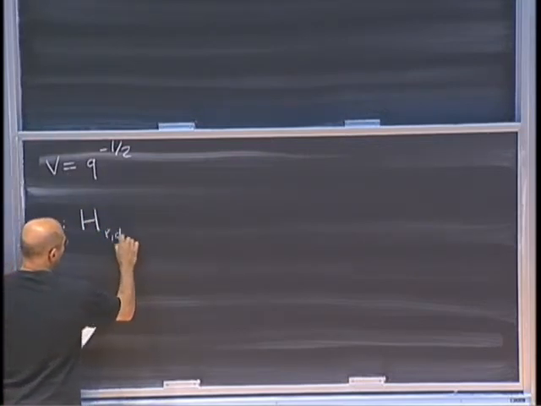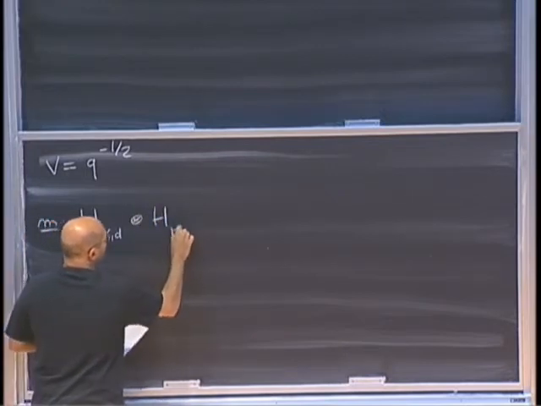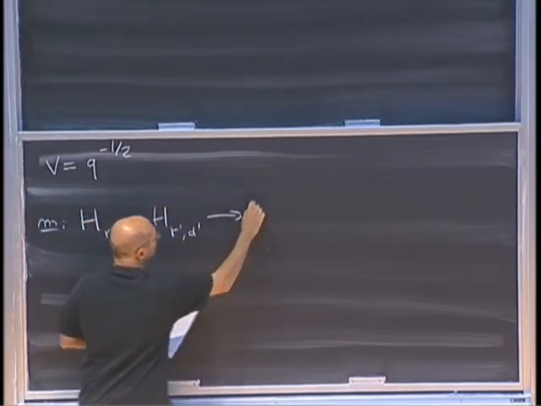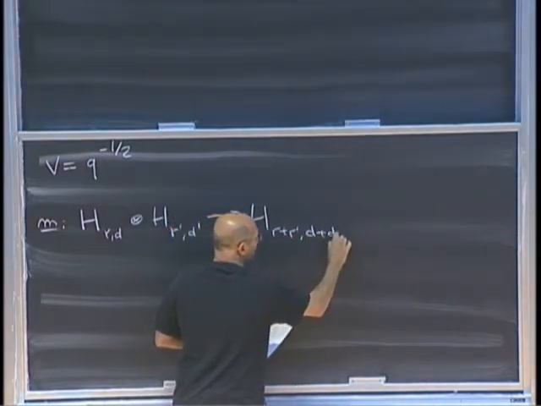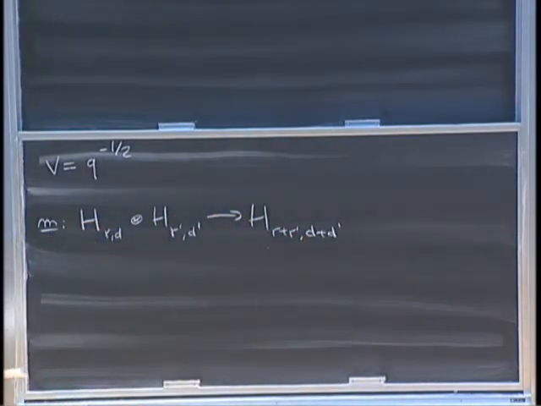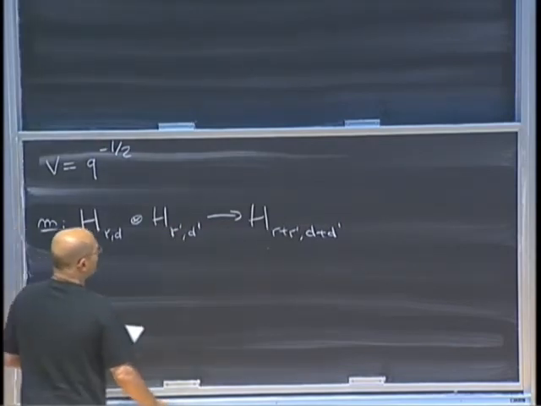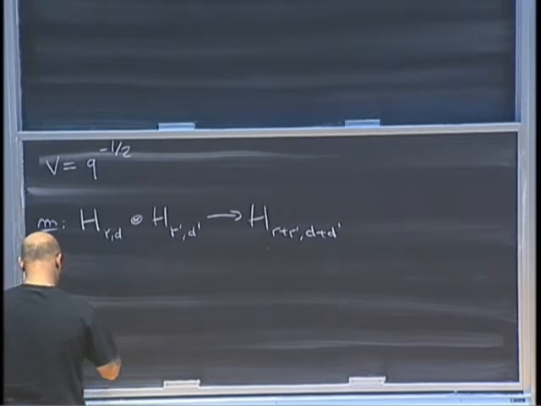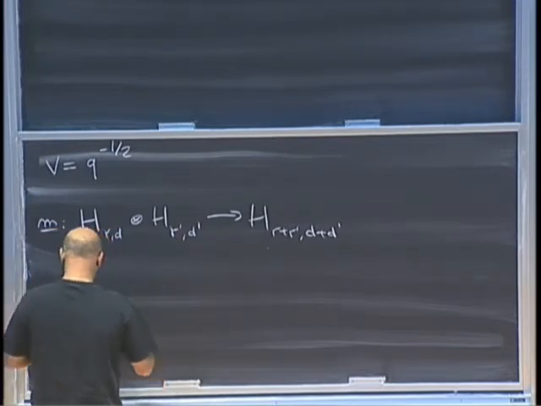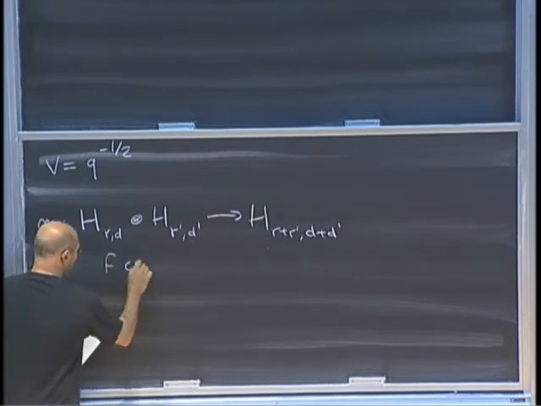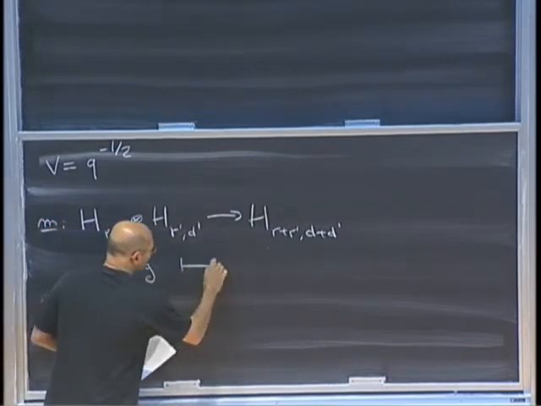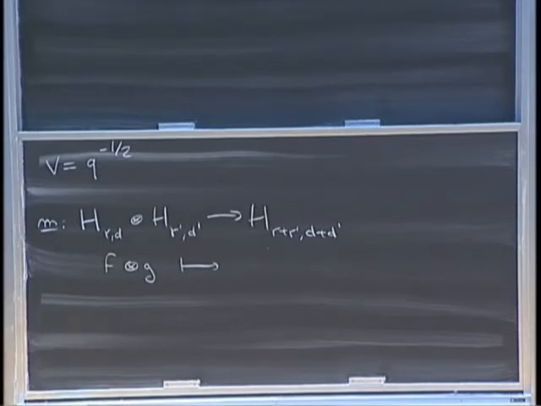And let me define the multiplication first. It goes from H_{R,D} tensor H_{R',D'} to H_{R+R',D+D'}. And it's given by a formula which is reminiscent of what Dima Arinkin described when he explained the Hecke operators for GL_n. So if I have two functions, f and g, I should spit out another function.